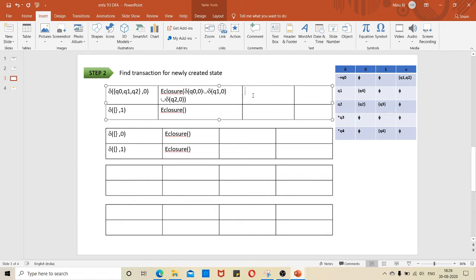Am I right? So it is the epsilon closure of the set Q2, Q4. Let me find the epsilon closure of Q2, Q4 here.